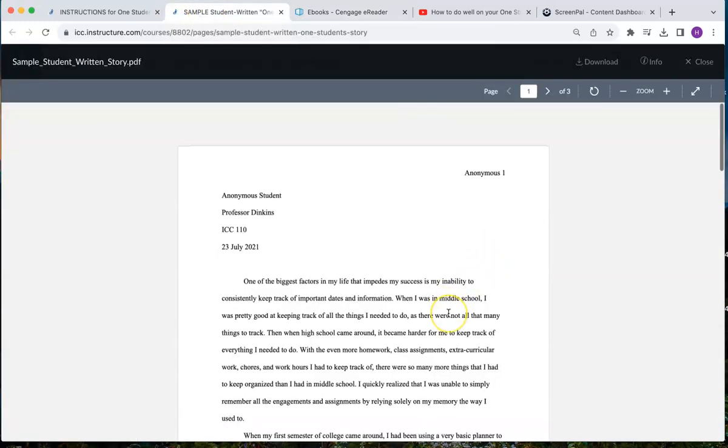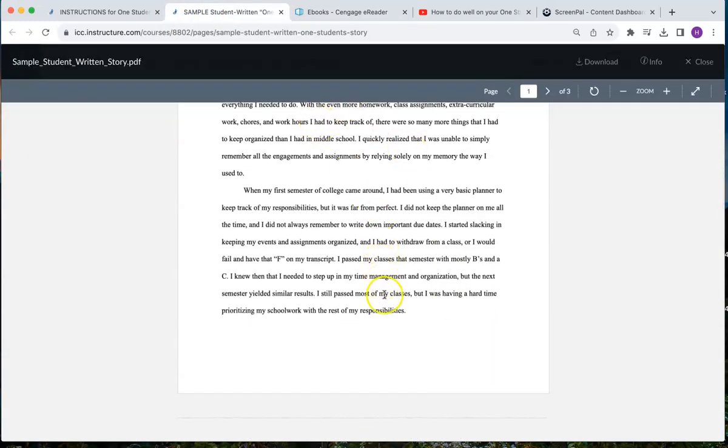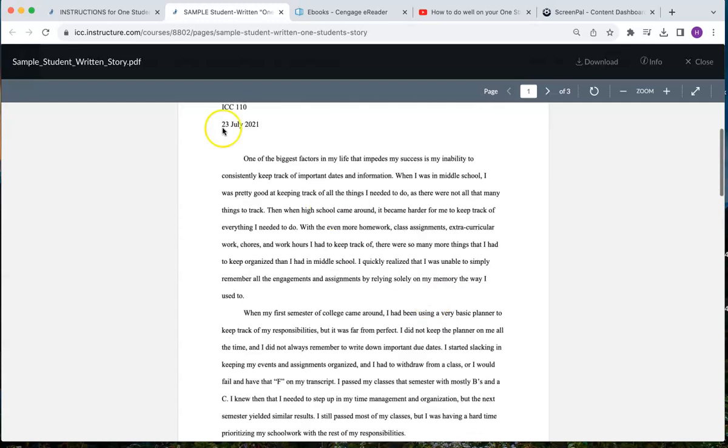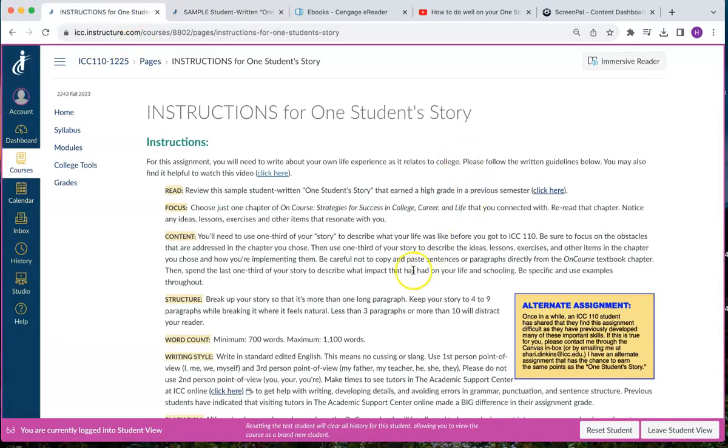If we look back at her assignment, she talks about how she had difficulty with that. And then when she describes how things changed when she took ICC 110, that also includes specifics. As you're glancing at the instructions, it says, hey, use 1/3 to be kind of your history, but it does need to be your history as far as what that chapter is describing.